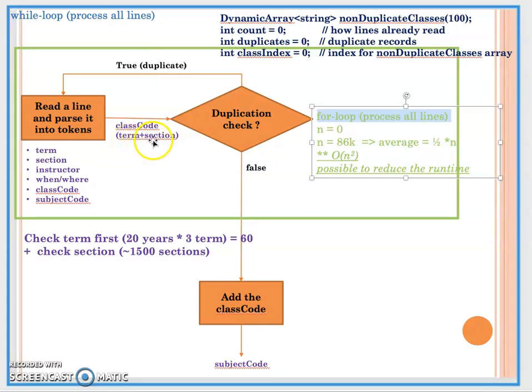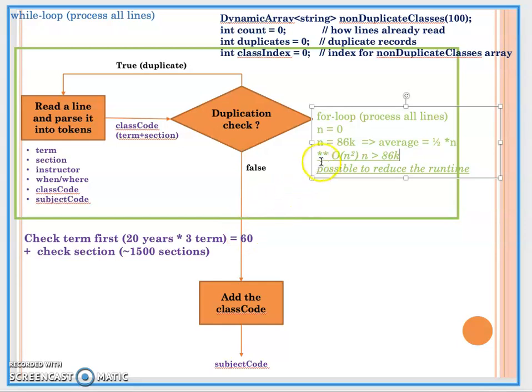So that's why we have the n at the end, almost 86K non-duplicate sections. That's why our runtime n squared is very big, because your n is greater than 86K. That's why your runtime is slow.